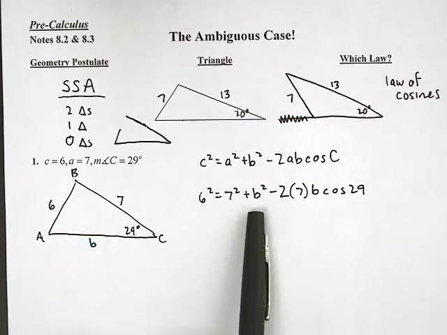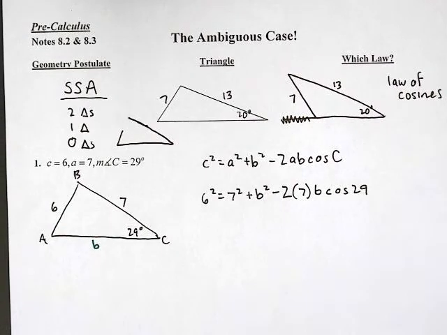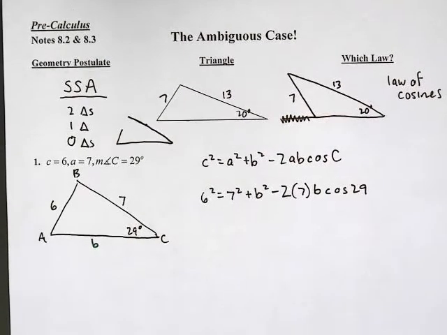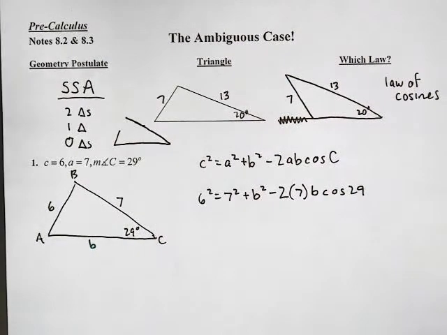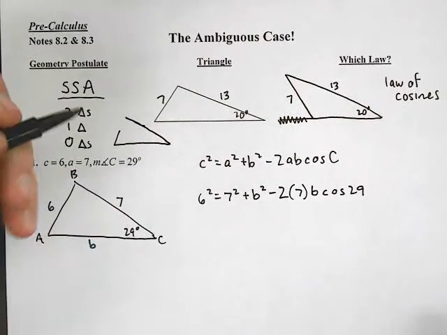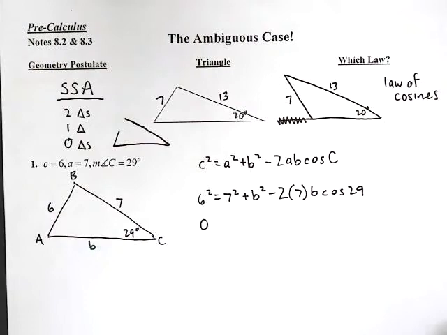Now what do we notice? I only have one variable, b, right? Here it's squared, here it's just to the first power, so this is actually going to be a quadratic. So we're going to have to solve a quadratic, which means we need to get one side to equal 0.